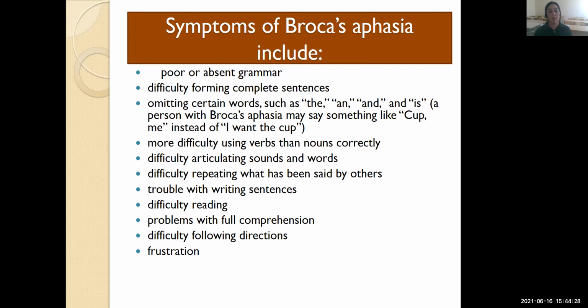As they have these kinds of problems with language, they are also afraid of making speech.